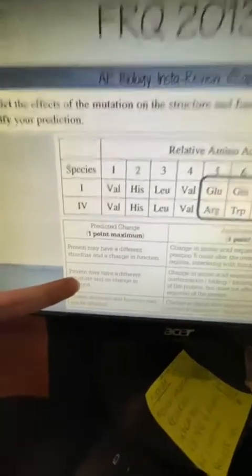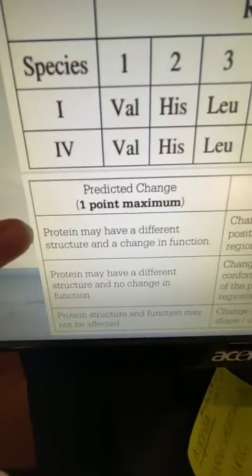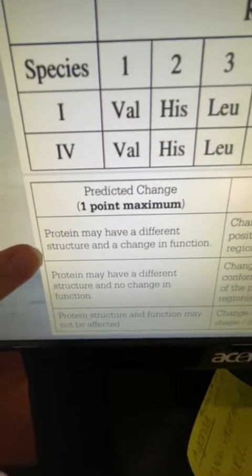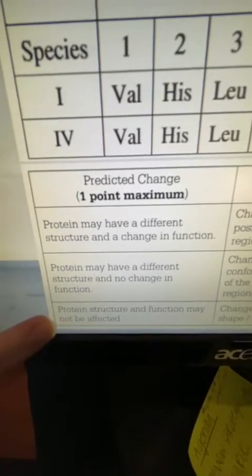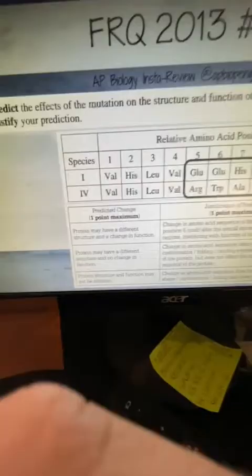So there's a lot of different things you probably could have written here, and guess what? All acceptable. You could have said different shape and different function. Different shape, no change in function. And same shape, same function. All 3 possibilities of things that logically could have happened are all on this paper, and all of them are scoreable, because they can't get in your mind to say what you're going to predict.